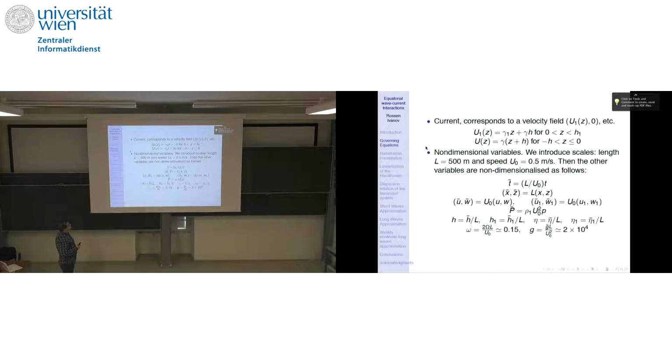We are going to pick a length scale, say 500 meters, and a velocity scale, say 0.5 meters per second, because our main attention is on internal waves, and there the typical sizes and velocities are in this range.